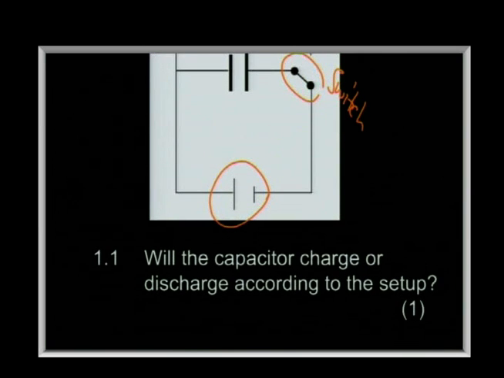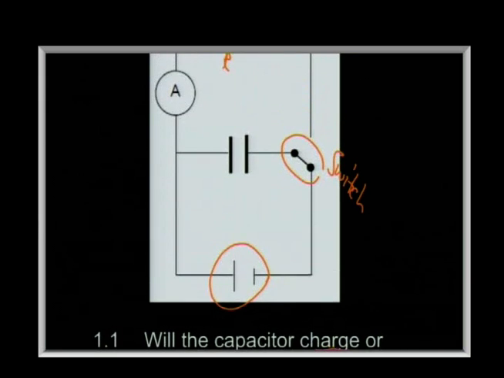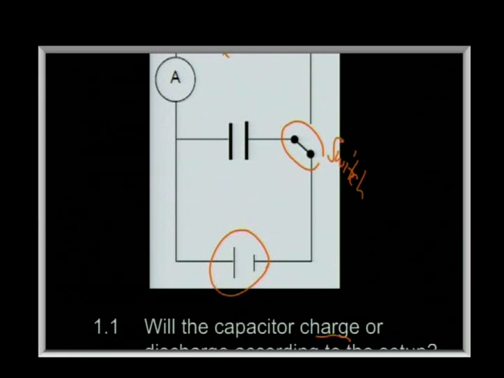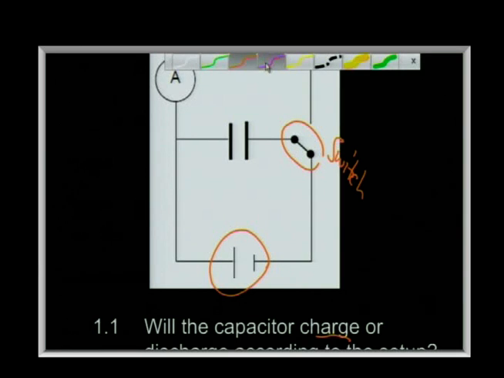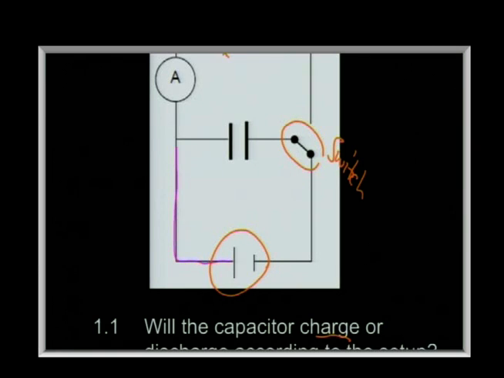Now, the first question says, will the capacitor charge or discharge according to the setup? So what we've got to look at is which is the viable circuit. I'm going to start at the positive terminal of the battery. If I go along here, charges could move to there, and then on the other side, charges could move over there and all the way around. That's a complete circuit.